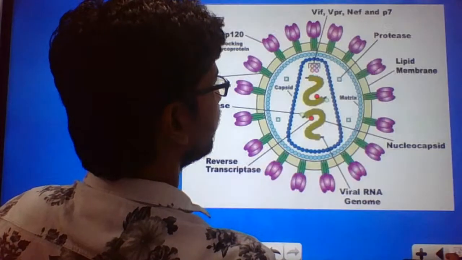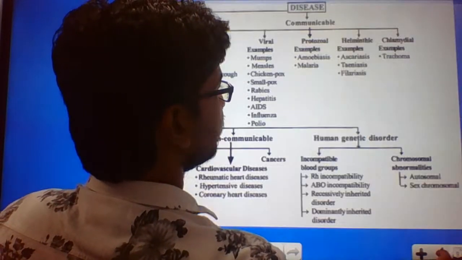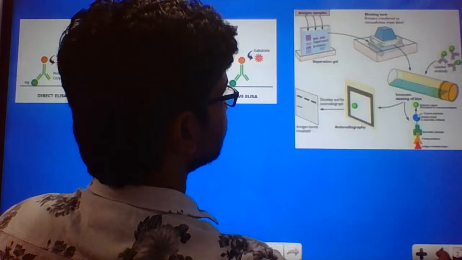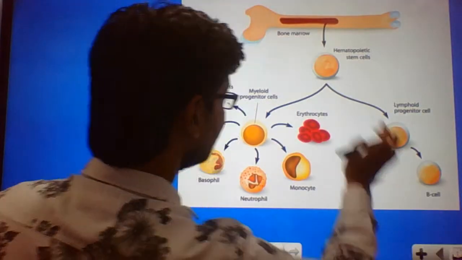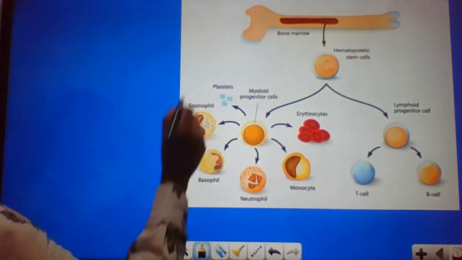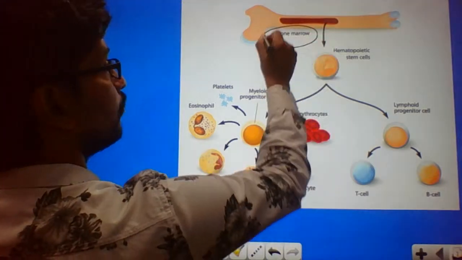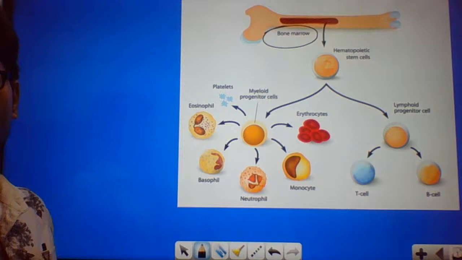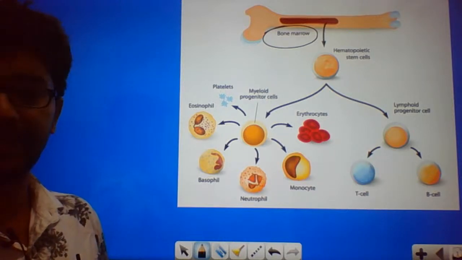The bone marrow is responsible for producing which type of cells? This is responsible for the production of B cells. Bronchus associated lymphoid tissue, BALT, is also there.